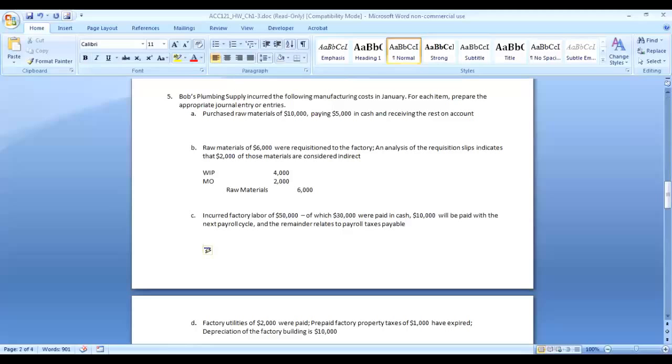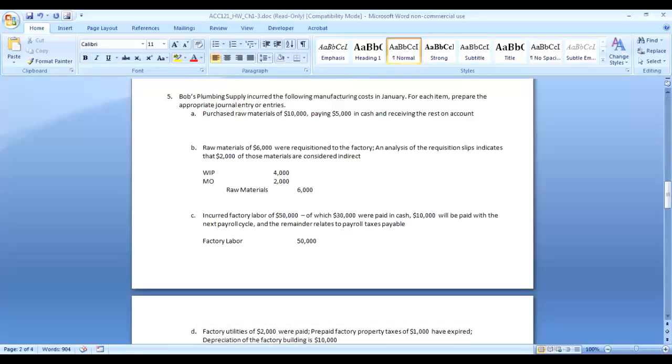You debit factory labor for the full amount. Yeah, so I debit factory labor for 50,000. What would I credit? Well, you're paying them, so you're getting rid of cash. Yep, so we paid some of them in cash. We're also paying 10,000 next payroll cycle.